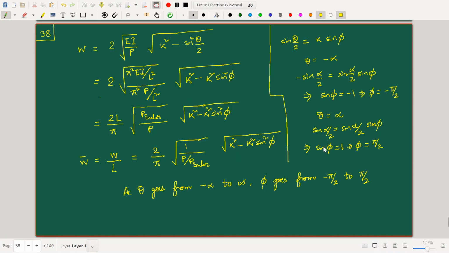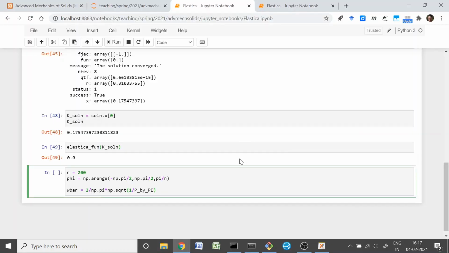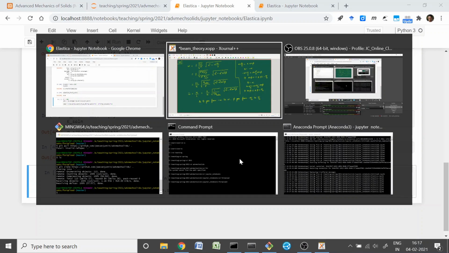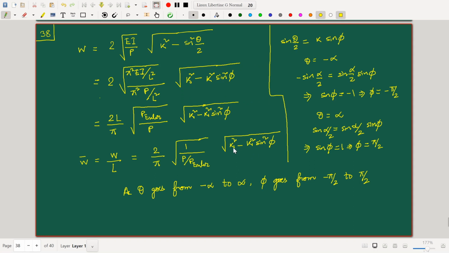and then I have this part, square root of k square minus k square sine square phi.